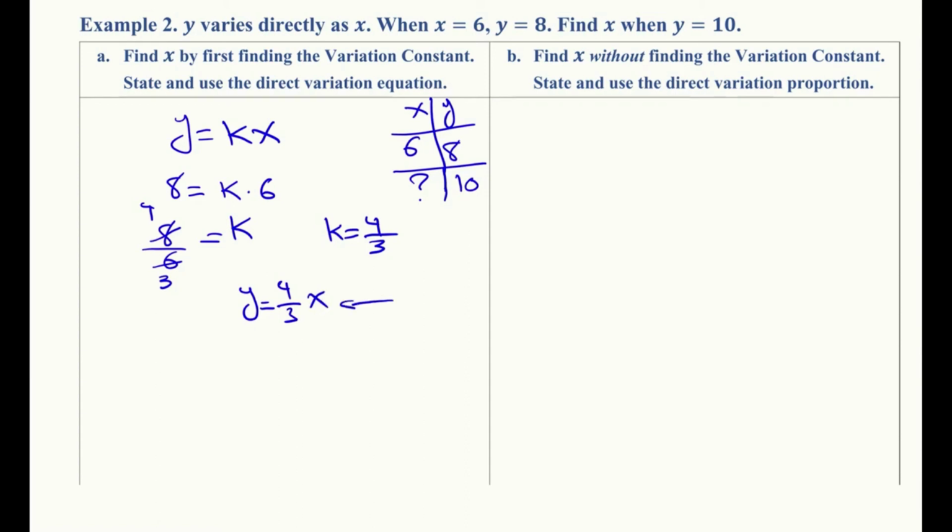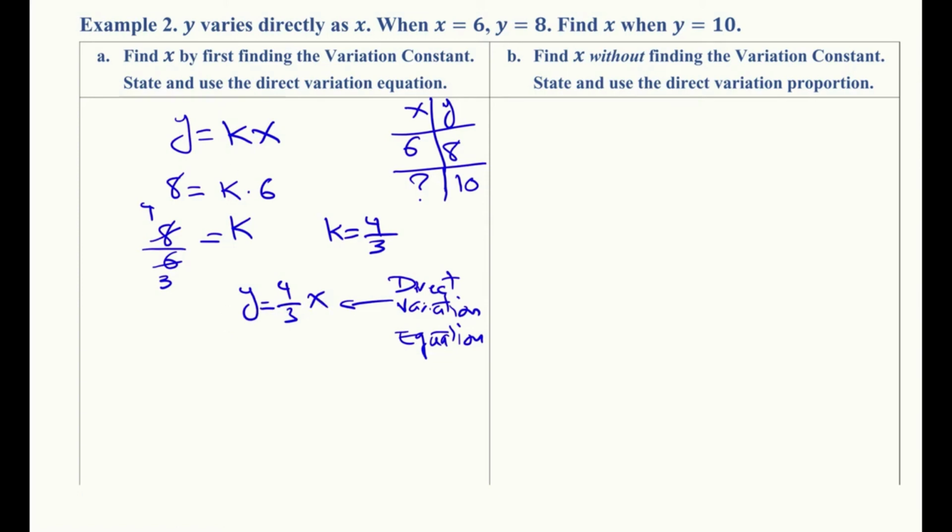So this is the direct variation equation that shows the exact relationship between x and y. Basically, every y value is 4/3 the corresponding x value. Of course, we can solve this for x too. We would get x equals 3/4 y, right?